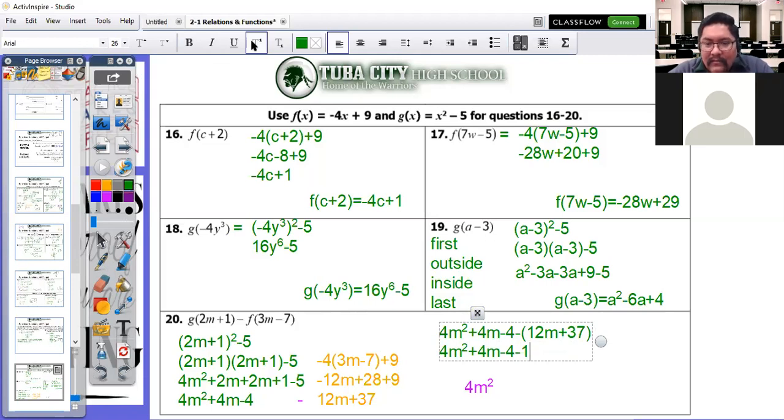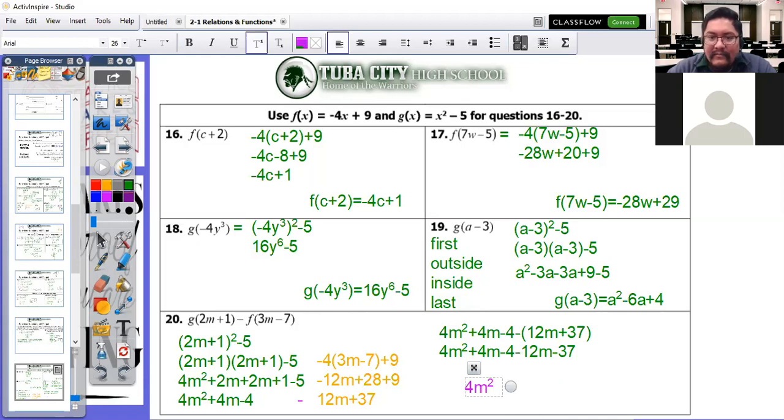Now, this is one of those things that I said early on was going to be super important, and that is whenever you have a minus in front of a group, that's usually a sign that you are going to be subtracting everything in that group, or make everything minus, change the sign on everything.